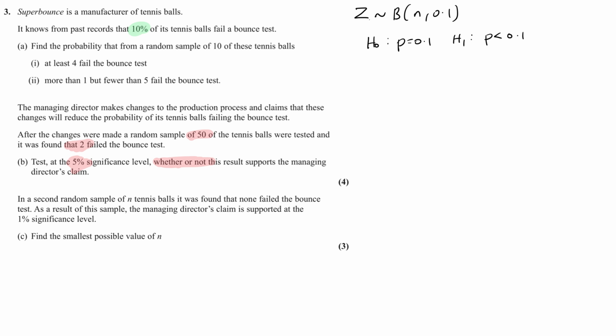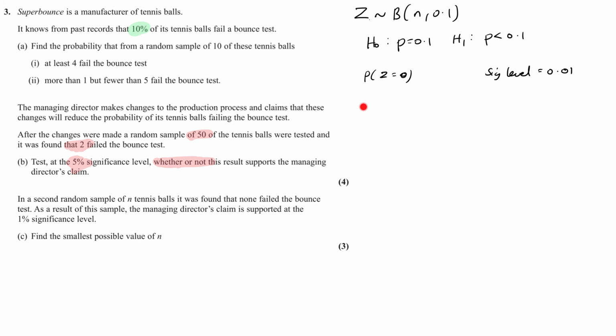Also, we need a little bit more information from that none failed the bounce test. So that would be a Z equals 0. That's what we're looking at, and we're looking for the 1% significance level, so the sig level is 0.01. So we want something less than 0.01.